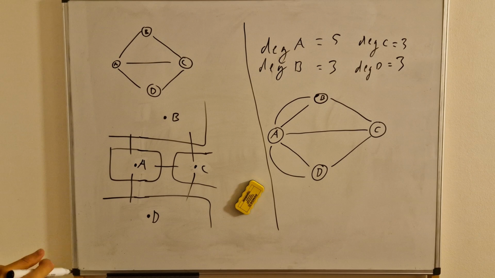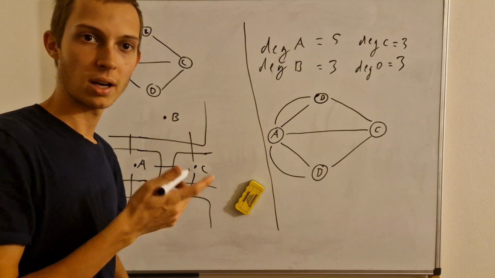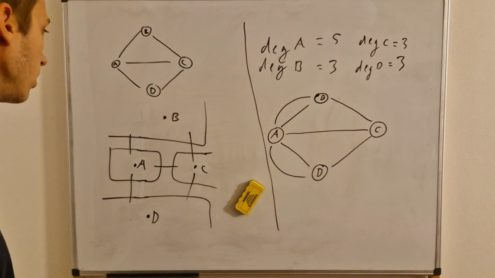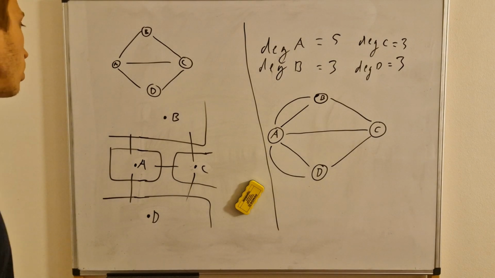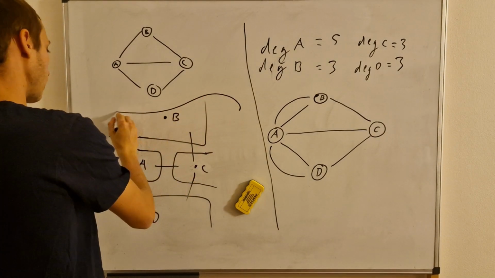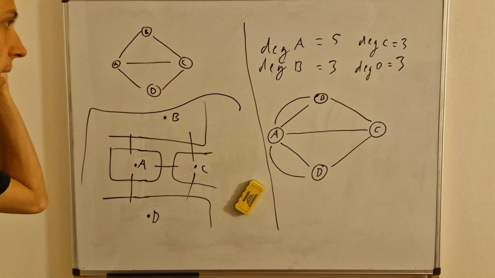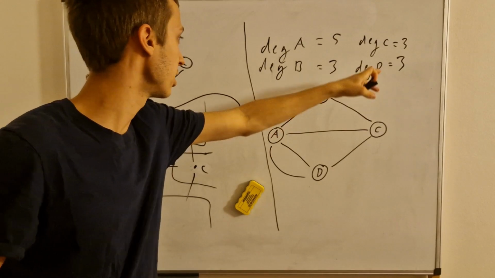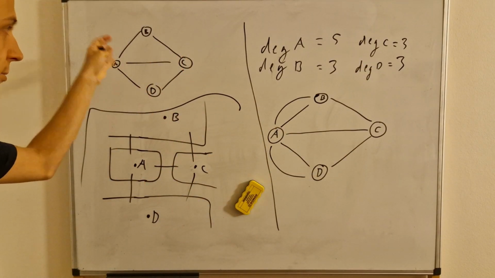And now the question is, does it still apply that we cannot have such a walk? Well, actually, it no longer has that problem, because now that two bridges have been removed, the degree of the individual vertices has changed. C still has the same degree, but D had a degree of 3, now it has a degree of 2, and A has a degree of 3 instead of 5.